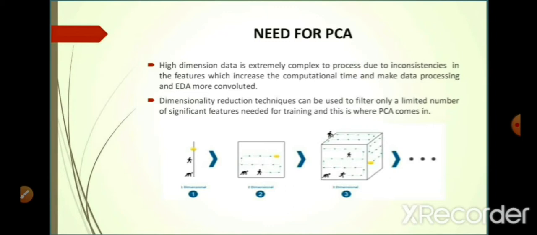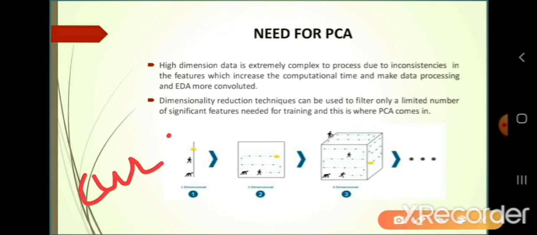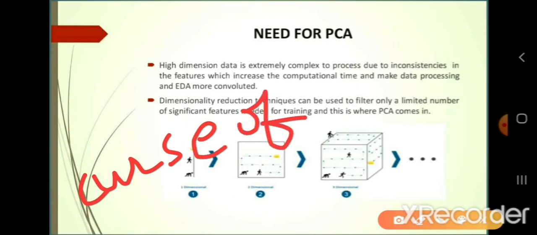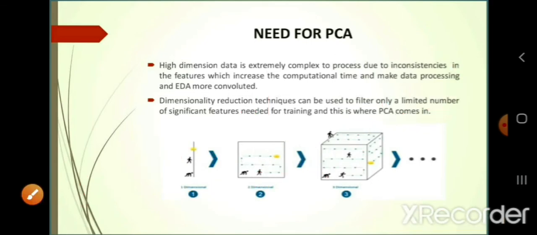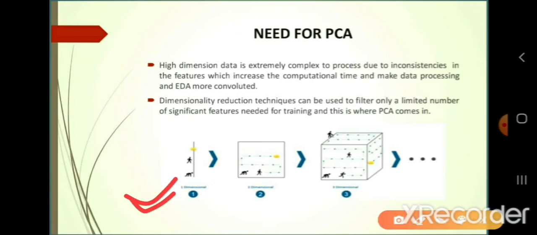One of those pitfalls is called the curse of dimensionality. We will understand the curse of dimensionality by this example. In this first picture we can see that we have only one line.